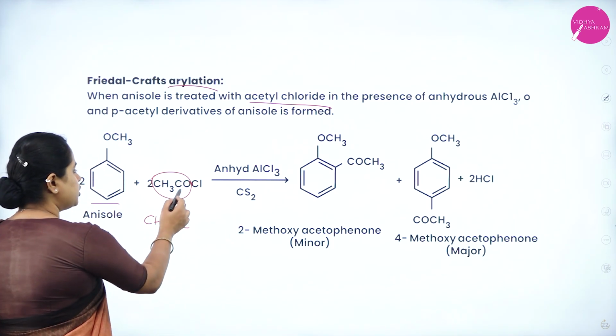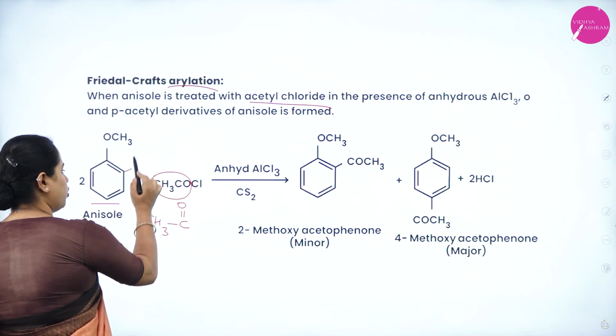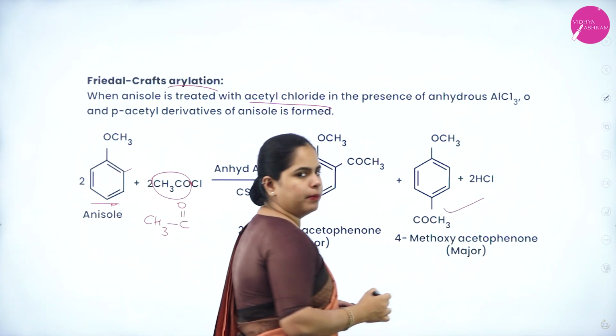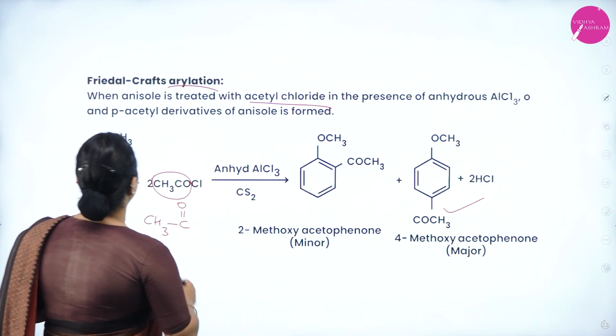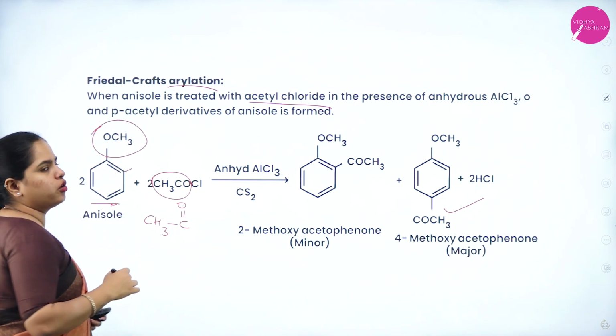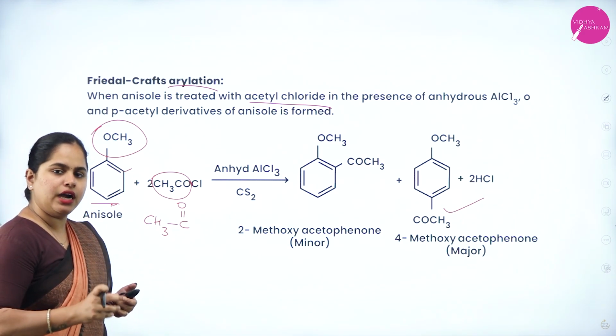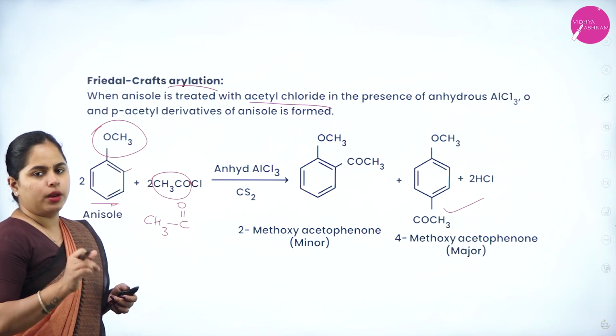So this COCH3 part will be substituted in the ortho and para positions, and again the para one will be the major product. There will be no change to the OCH3 alkoxy part; only the reagent we add is substituted in the ortho and para positions.